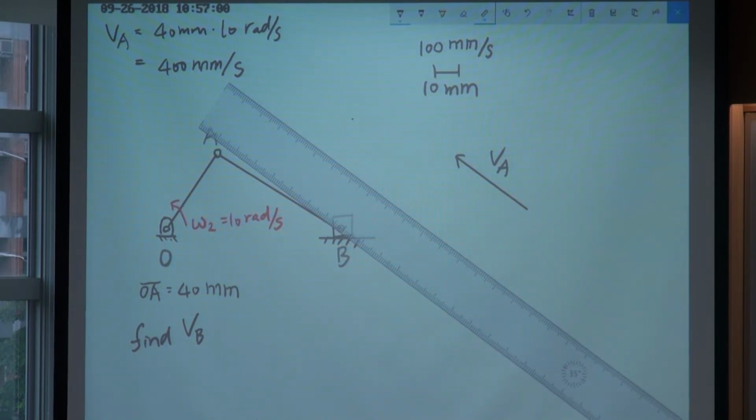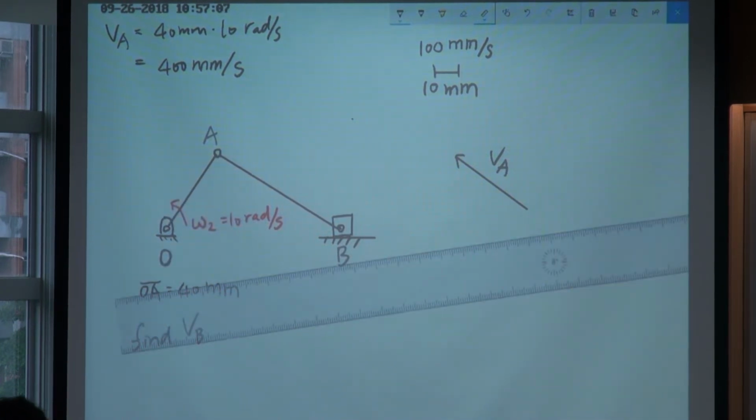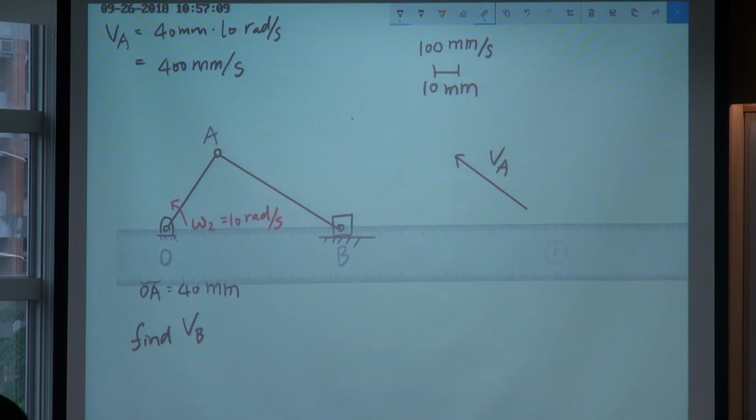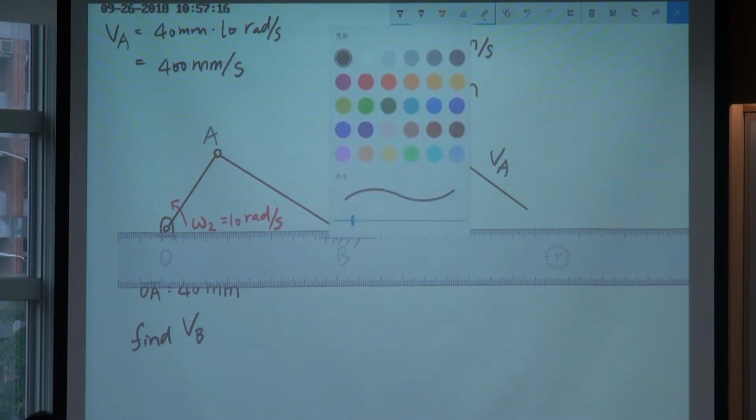Any questions? And we try to find VB, the velocity of B. Very similar to the previous four-bar linkage case, I'm going to use another color.